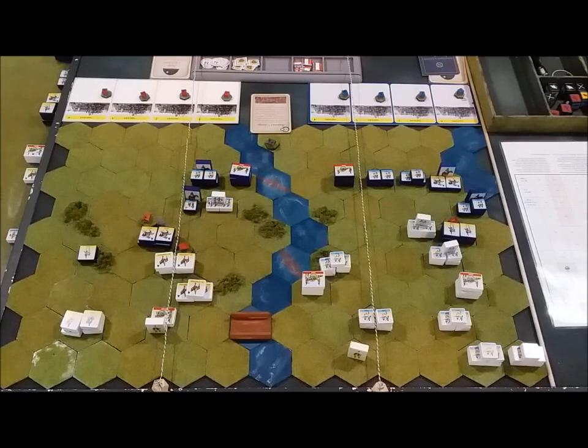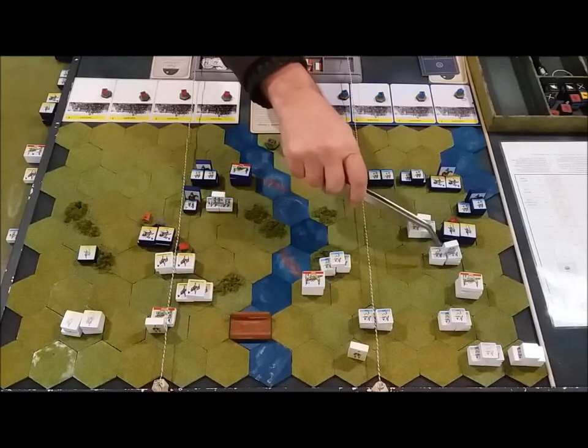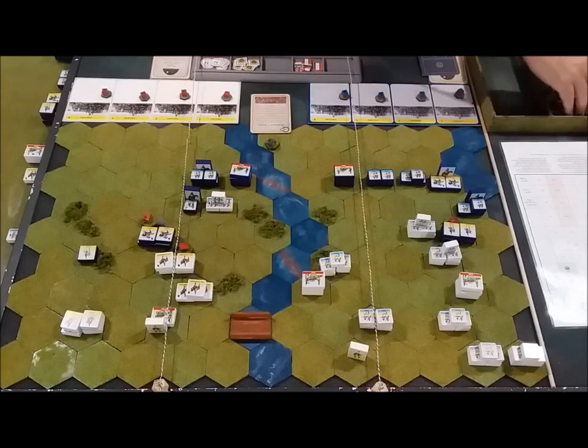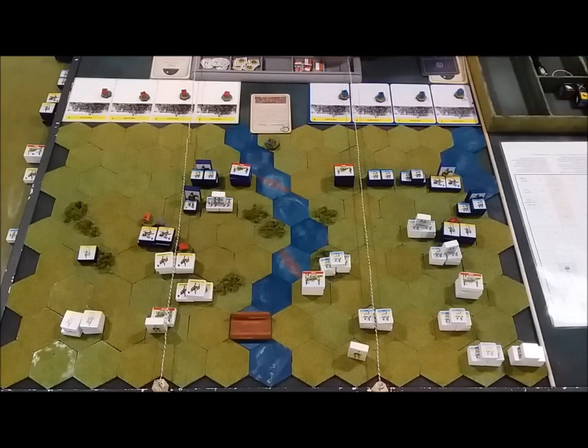Righto. And the first thing we're going to do is this line unit is going to attack this light cavalry unit. And they're going to attack with 5 dice into a town, -2, gives us 3 dice. So do they want to use their first strike to stop that? And the answer is no, because they'd only get 1 die. So that's not a real smart move.